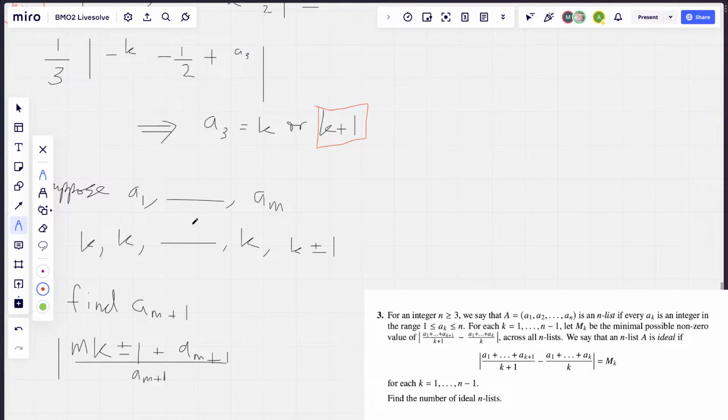And because we're minimizing, we can just multiply by 3, so we can just completely ignore the denominators. And then plus m times am plus 1 minus m plus 1, all multiplied by mk plus or minus 1. That's proportional to, and we want to minimize this.